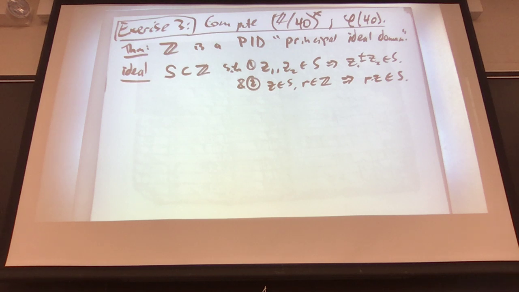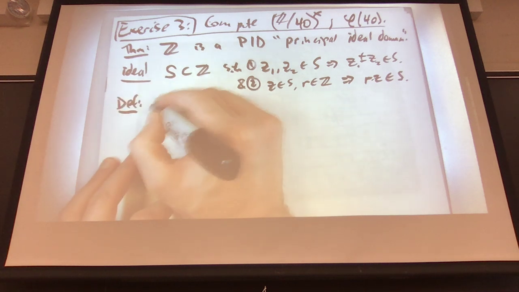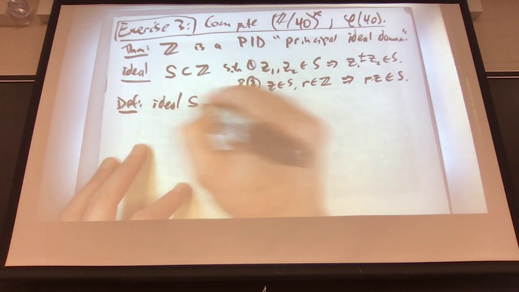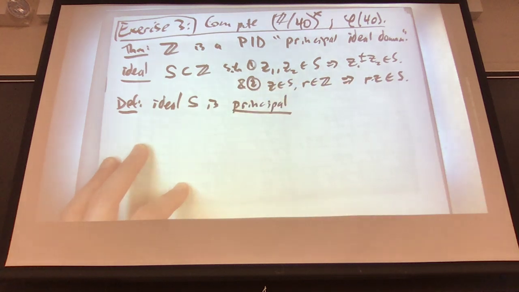Okay, so what does it mean to be a principal ideal? Definition: an ideal S is principal. It's kind of another funny old word. What is principal? The principal of the school is like the one person that's responsible for the school or something.